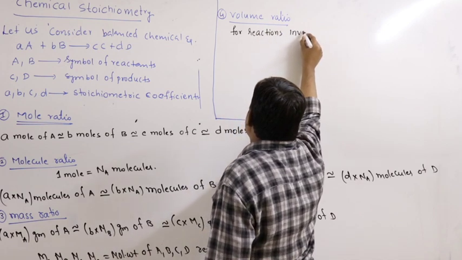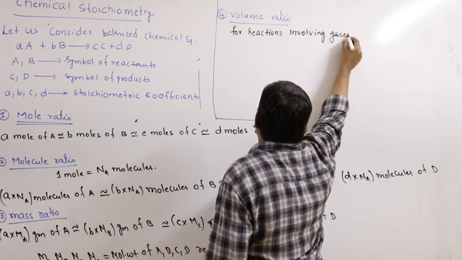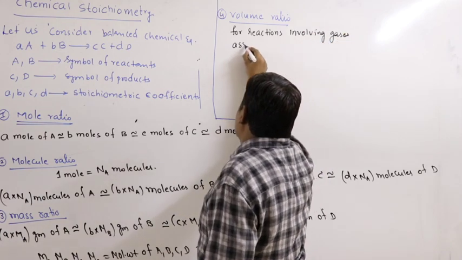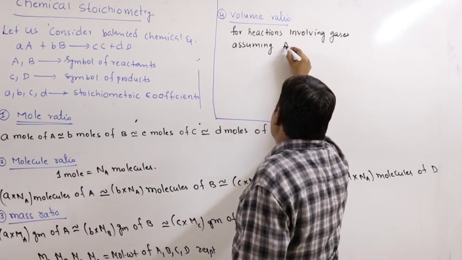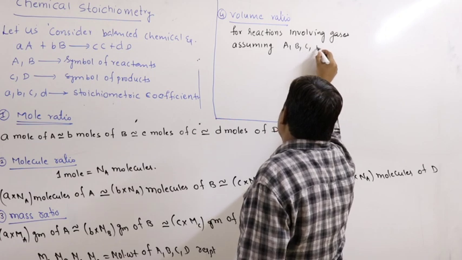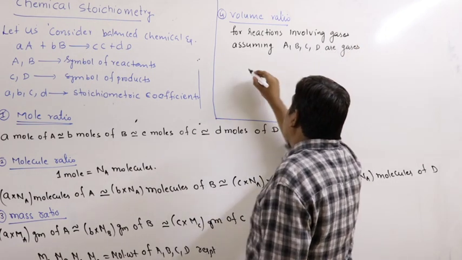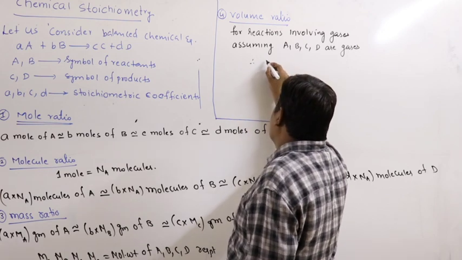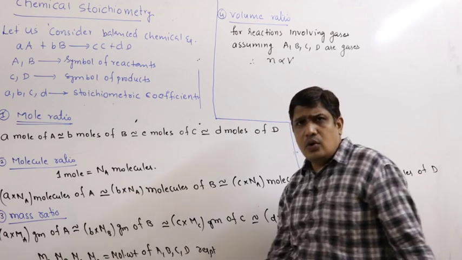Assuming A, B, C, D are gases, then by Avogadro's law, the number of moles of gas is directly proportional to volume.